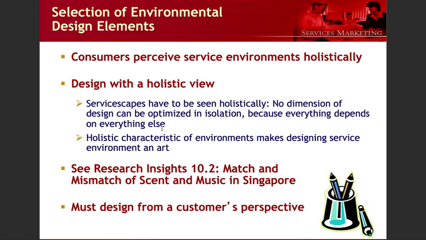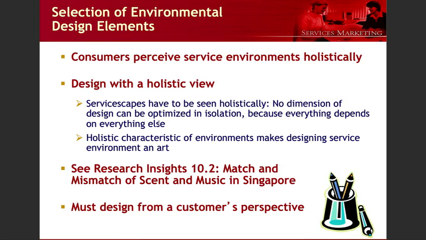So it means that if we want to design, for example, we talk about restaurant, we are not only focusing on the best quality or the best taste of the food, but also how the restaurant looks in terms of the lighting, colors, and also the smells, the odors, the scents. It is very important.